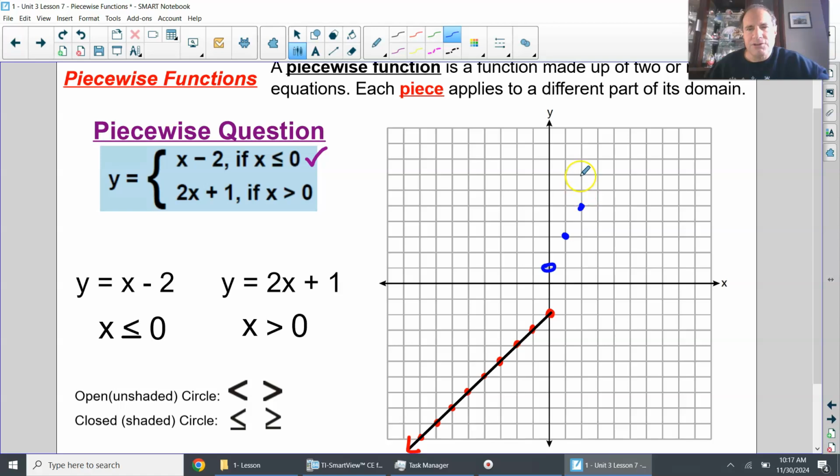It's a rise of 2, a run of 1, you just continue going like this, and you can't go any further. So I'm going to connect the open circle to this direction, and since it's just greater than, I am going to leave it an open circle and put an arrow on this side.